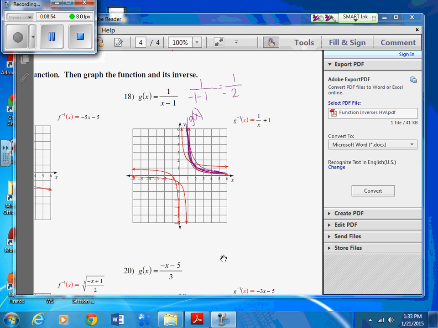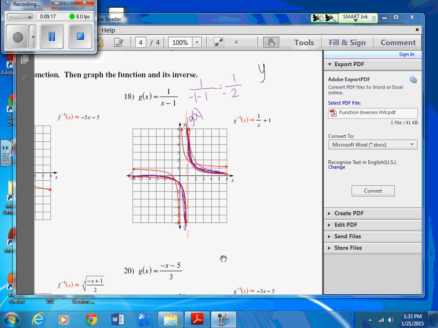Here's negative 1, and I'm down here at negative 1 half. So this one right here is also part of g. And that makes sense because this is also getting closer and closer to 1, to this vertical asymptote. Right, here's my vertical asymptote. Right here at x equals 1, because that would give me an undefined fraction.